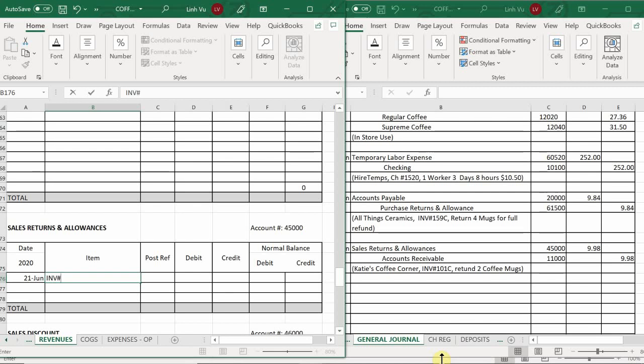So return to coffee invoice 101C, 2 cups. General journal 9 once again. And we're debiting because sales is normally a credit. So in this case, we're reducing sales by $9.98.